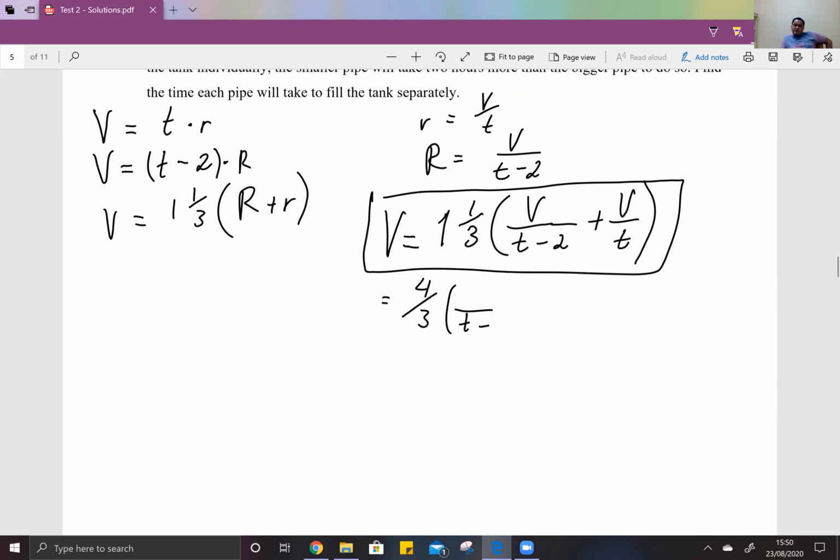You can just write it as 4 over 3 times V times, in parentheses, 1 over T minus 2 plus 1 over T. And on the left-hand side also write V. Good.